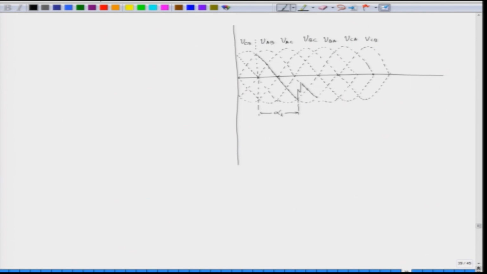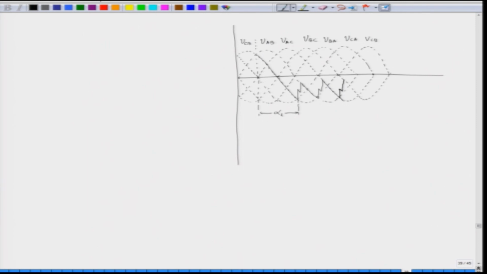Similarly, at this instant we trigger the other SCR and we have a commutation overlap. Similarly, at this instant we apply the triggering pulse.